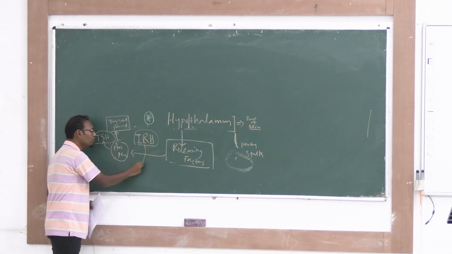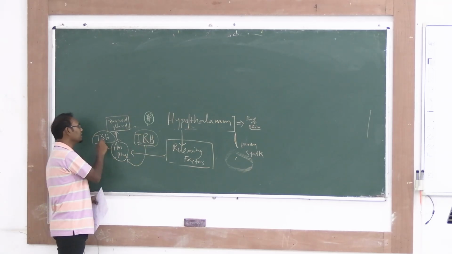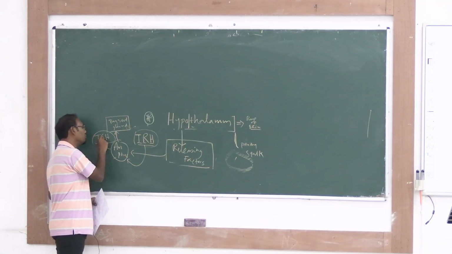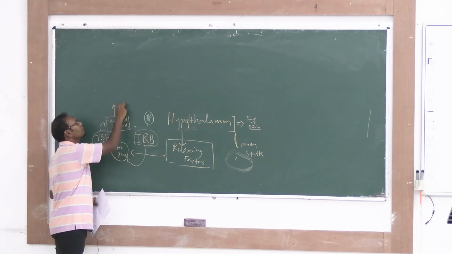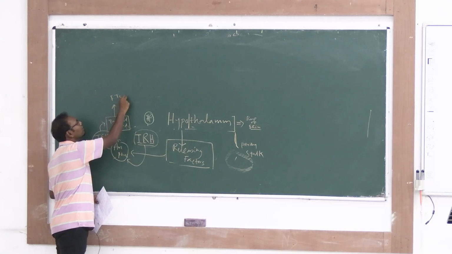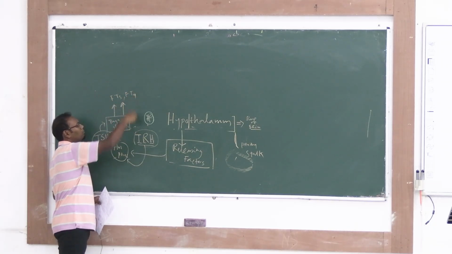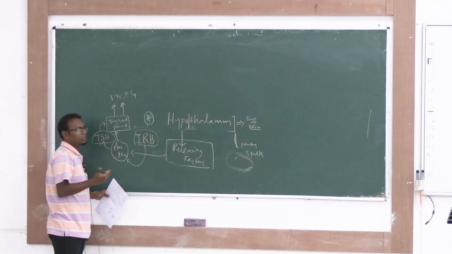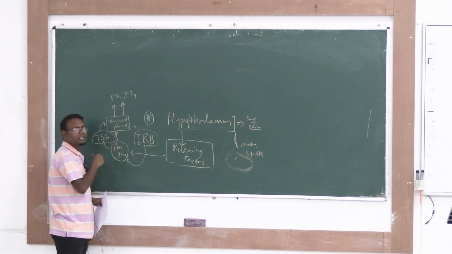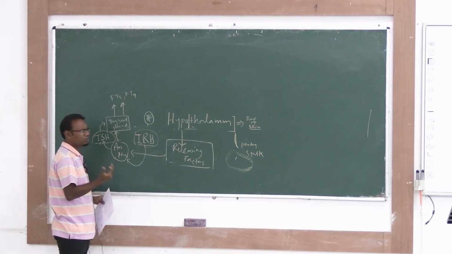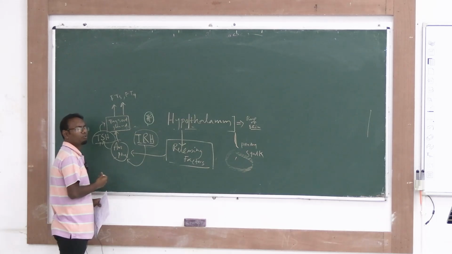So the releasing hormone gets there, and this trophic hormone which is released will stimulate the thyroid gland, and finally the end products will be released, that is your FT3, FT4. That is one example. Like this, there are several pathways and hormones. We will discuss them one by one over 3, 4, 5 classes.